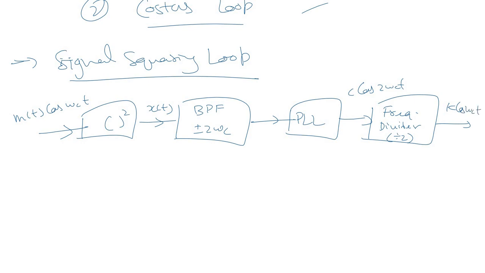So these are the four different blocks that are being used in the case of signal squaring loop.